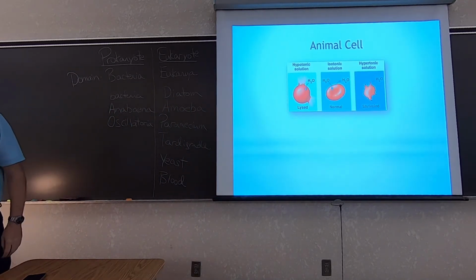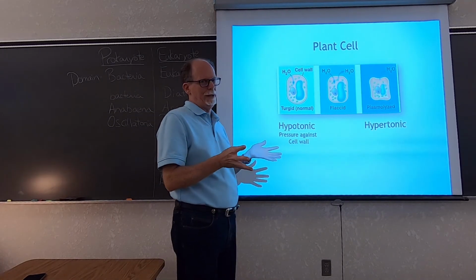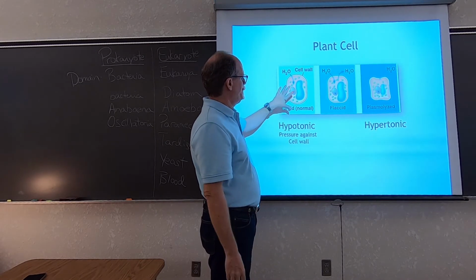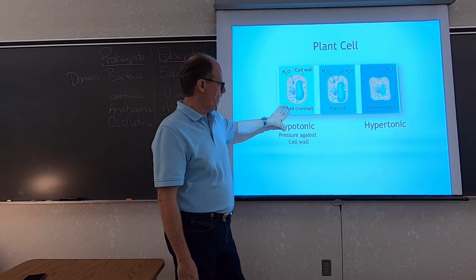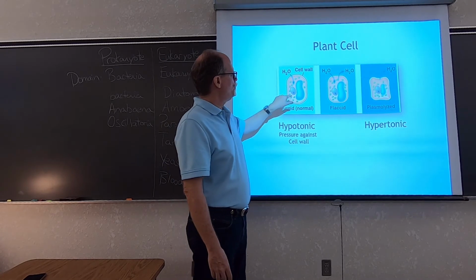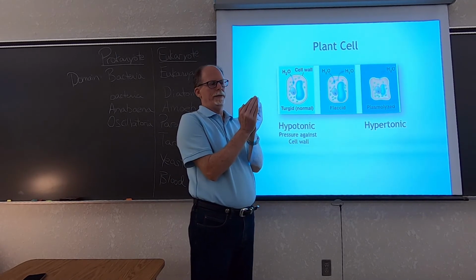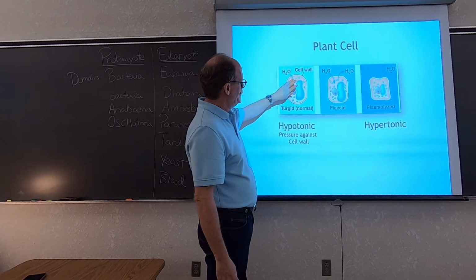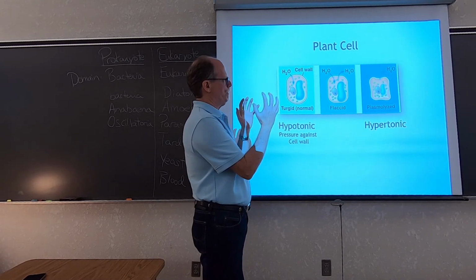Now, it's a little bit different for plant cells. And this is a general statement. Not all plant cells are like this, but for the majority of plants, they want to be in a hypotonic state. The solution they're in has lower salt than what's in the plant cell. And that exerts pressure. You have a cell membrane, and on the outside of the cell membrane is the cell wall. So when we say there's pressure, we're pushing against the cell wall.